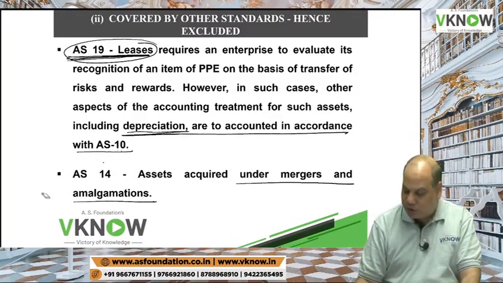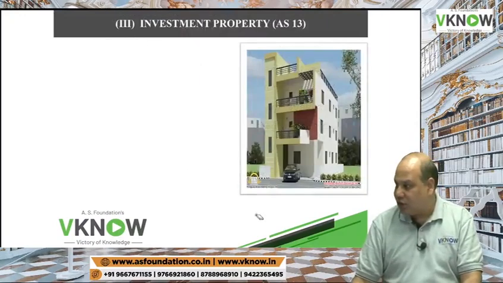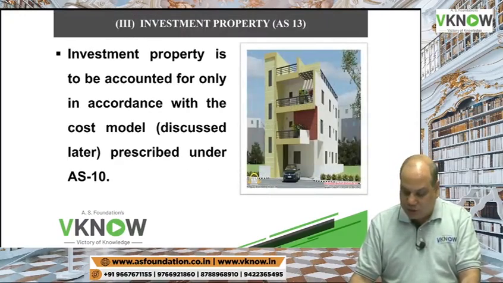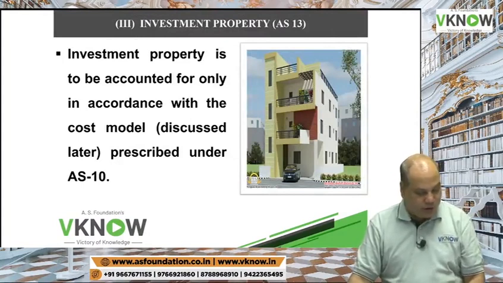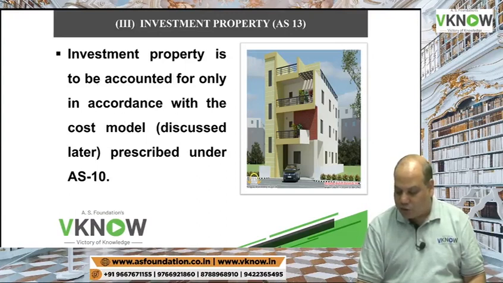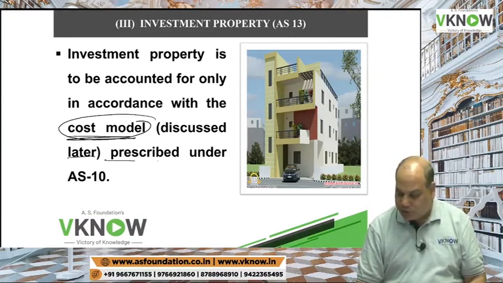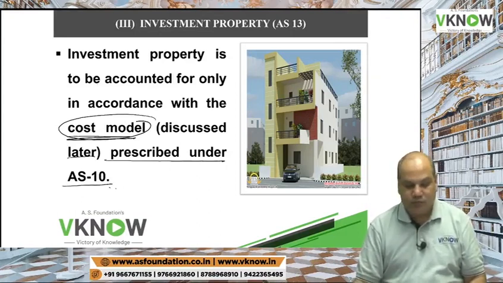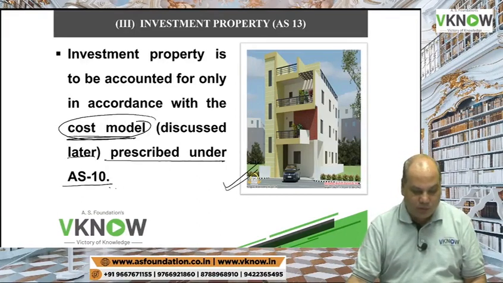AS-19, AS-14, these are advanced standard. They will be covered separately. Investment property is to be accounted for only in accordance with cost model. Cost model discussed later prescribed under AS-10. So what is investment property?